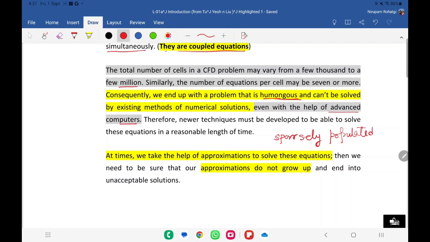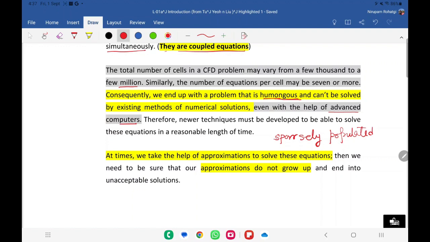If you have a 3-dimensional case, you have 6 neighbors: left, right, top, bottom, front and back. So you have only these variables coming into play. Even if there are 8 million variables, you have 8 into 6 variables in one equation, maximum, because you are talking in terms of only the adjacent cells.